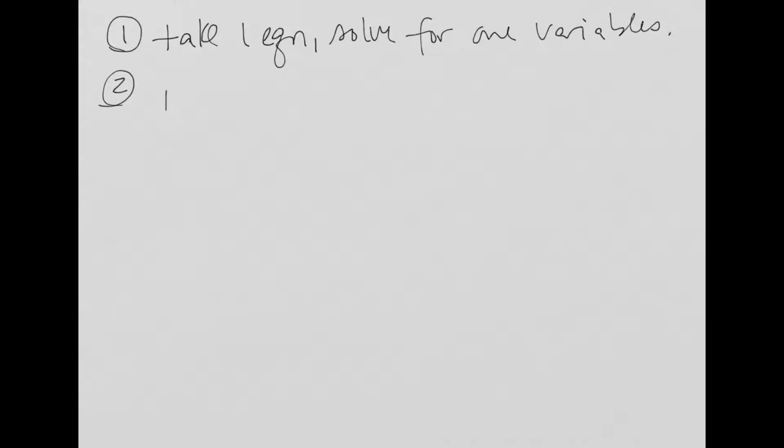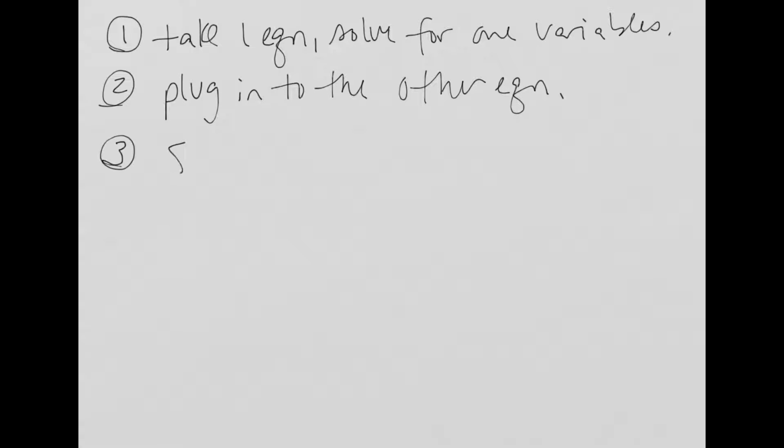Next, plug in to the other equation. So from part 1, you're going to have one variable equaling something. Plug that into the other equation. 3, solve for that variable.